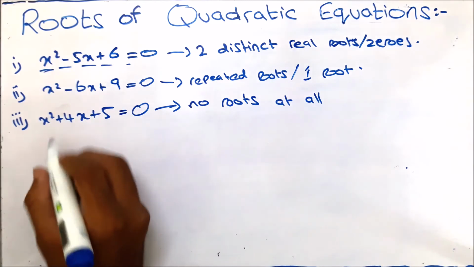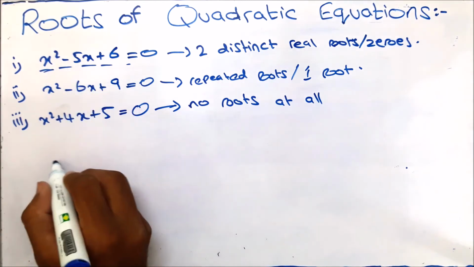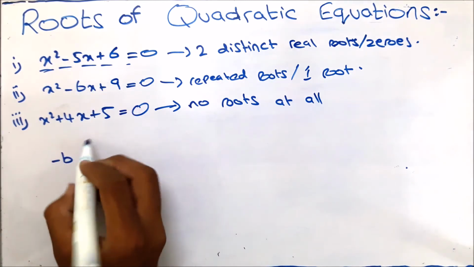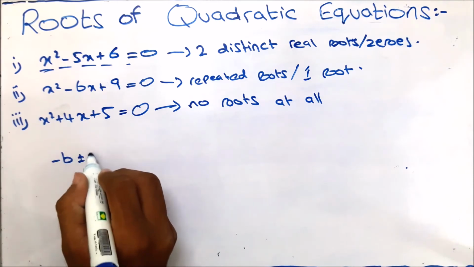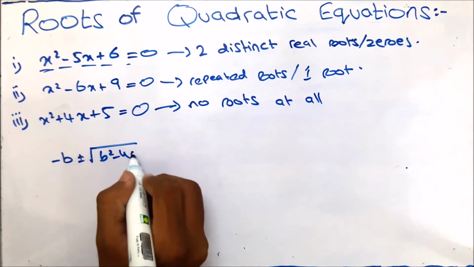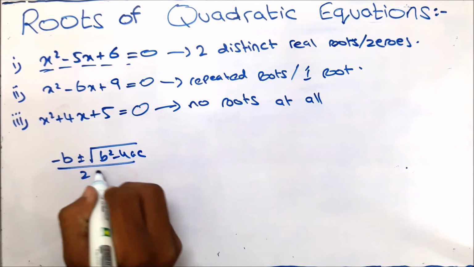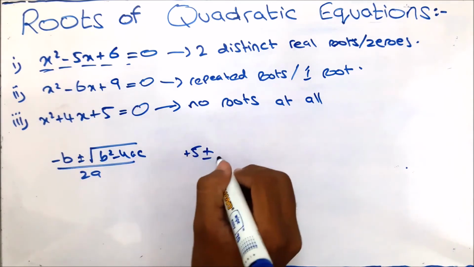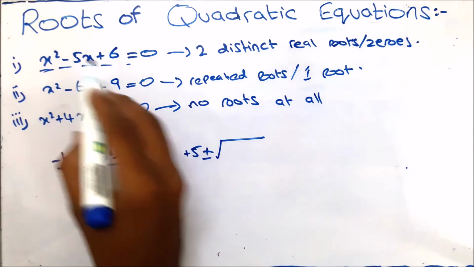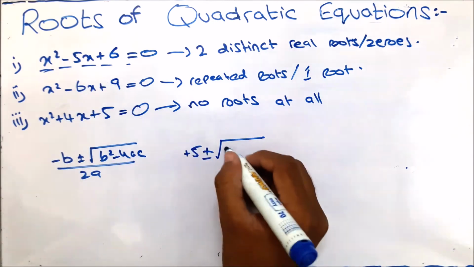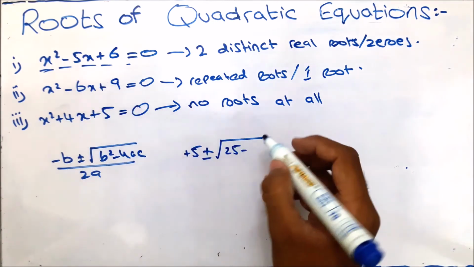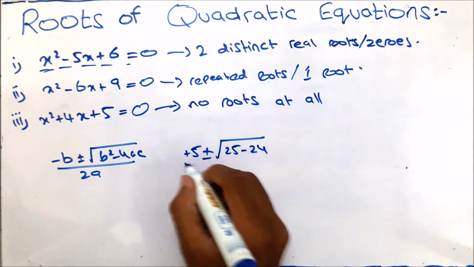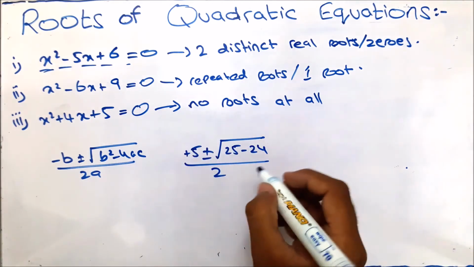We have the quadratic formula: minus b plus minus root b squared minus 4ac, divided by 2a. Minus b is minus 5, so it becomes positive 5, plus minus under root b squared, that's 25, minus 4ac, 24, divided by 2 times 1, which is 2.